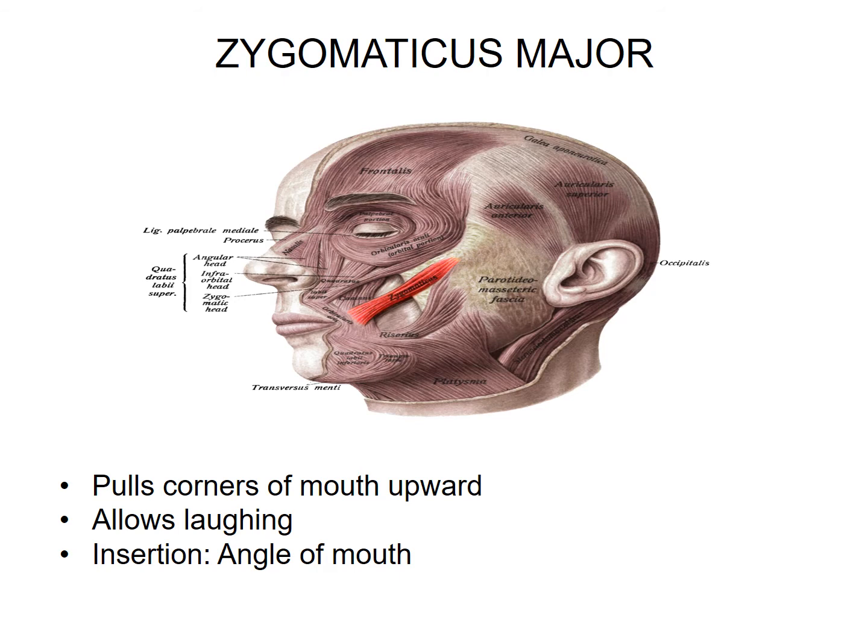The origin is right on that zygomatic bone, hence the name zygomaticus, right? The insertion, as you can see in your notes, is the angle of your mouth, kind of the corner area of your lips. So what does it make you do? Remember, insertion is the part that moves. So what happens is this muscle draws up towards the origin, and it helps you smile, helps you laugh.